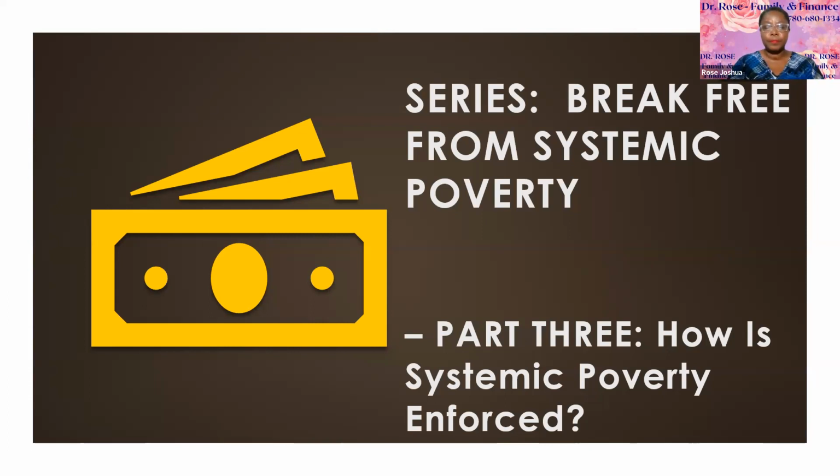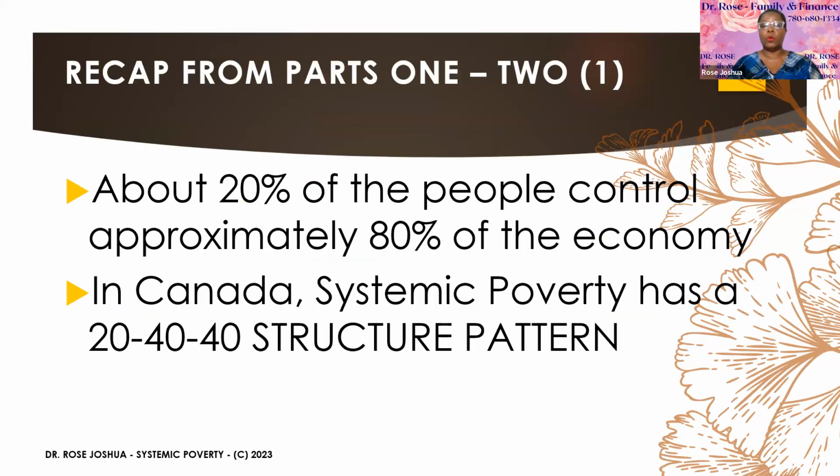Okay. So in the last two parts, 1 and 2, we did a review and established that about 20% of the people control about 80% of the economy. And in Canada it's a 20-40-40 systemic structure pattern, okay?